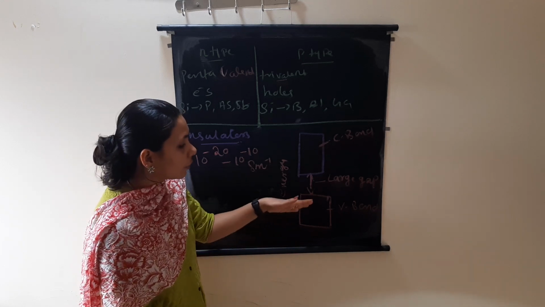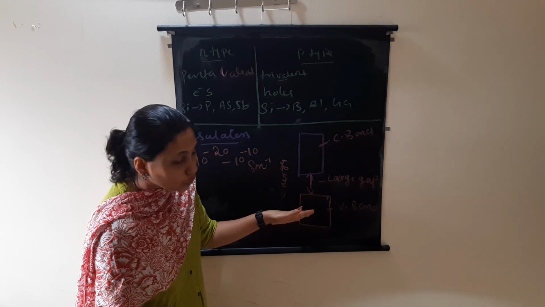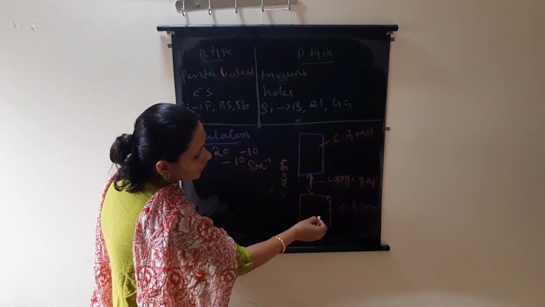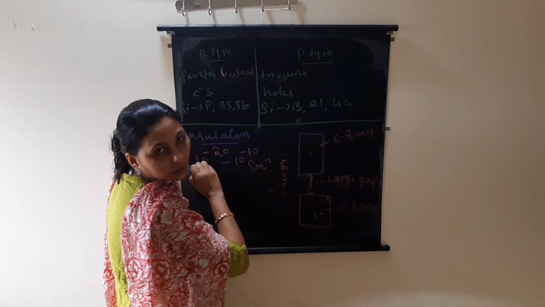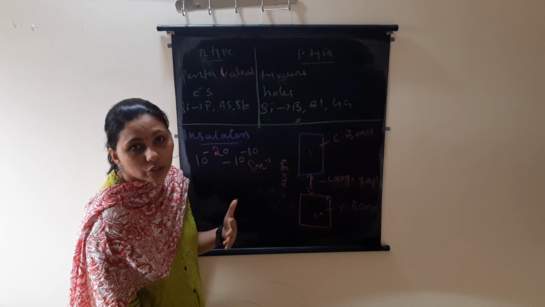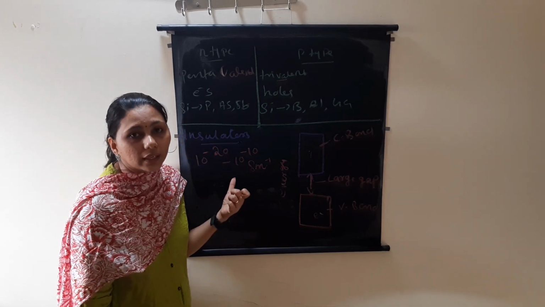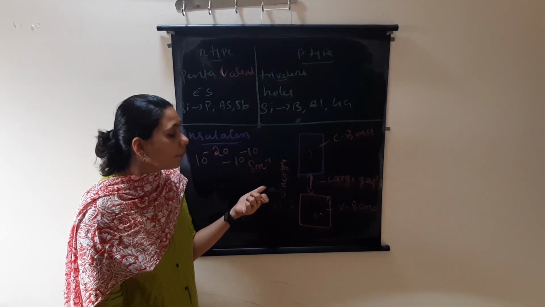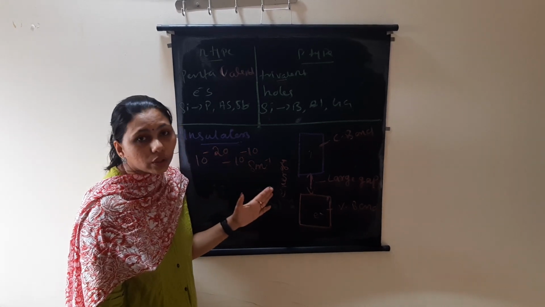The energy gap or forbidden zone between the valence band and conduction band is very large, so it is not easy to excite the electrons from here to here. That is why they act as very bad conductors of electricity. Normally they have a conductivity of 10 raised to minus 20 to 10 raised to minus 10 Siemens per meter. So that is based on band theory.